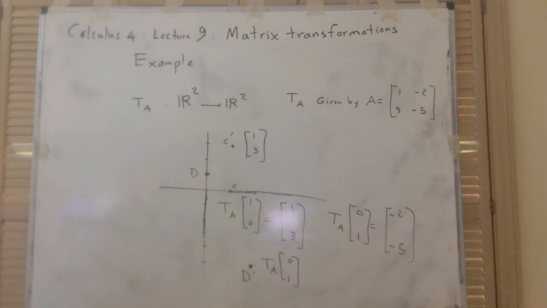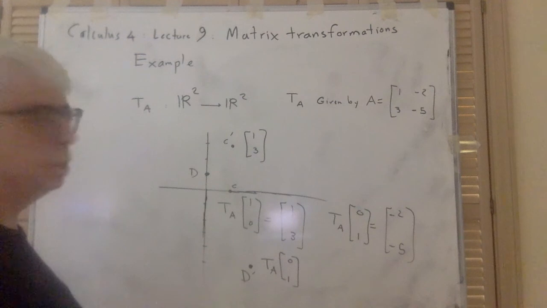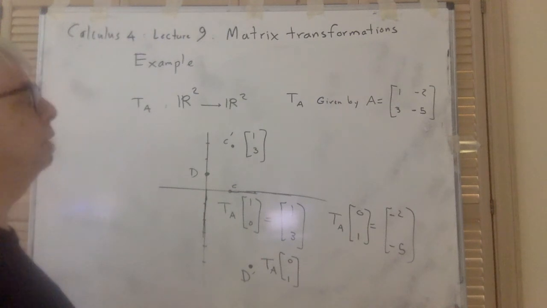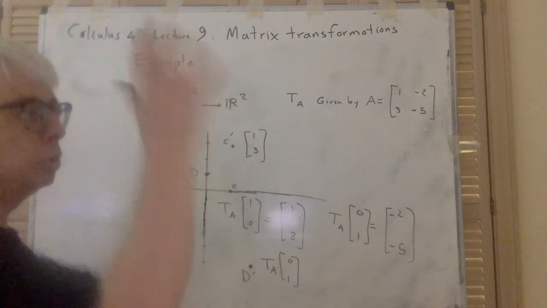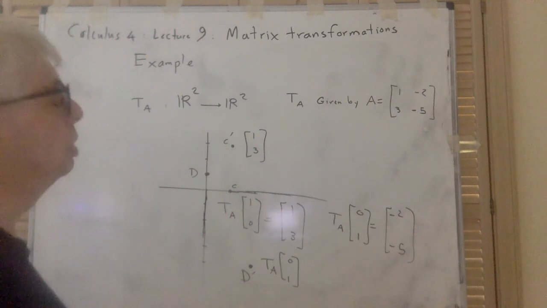Now this has geometric applications. There are transformations like rotation, for example. Rotation is given by a very nice matrix which has sine and cosine. In three dimensions you also have different rotations, and each one of them is given by a rotation matrix.